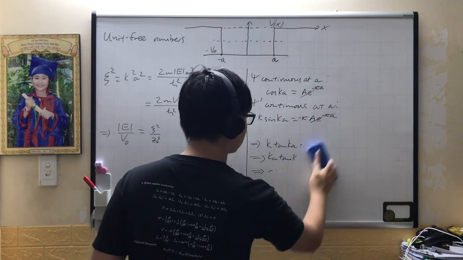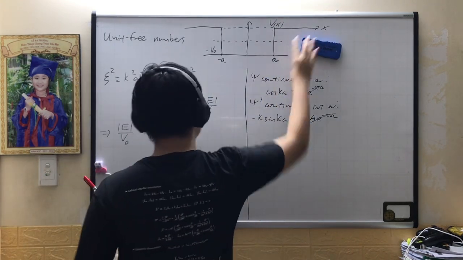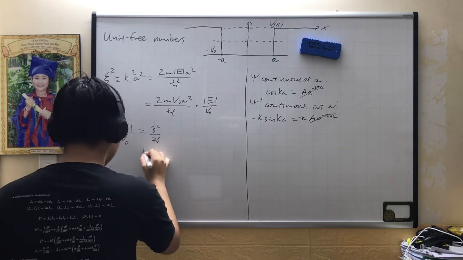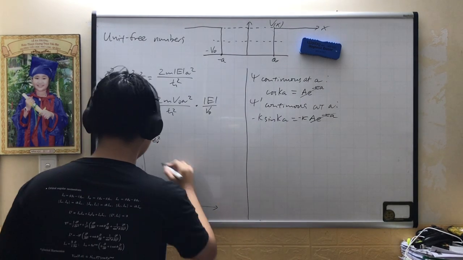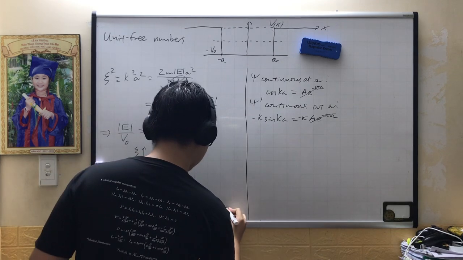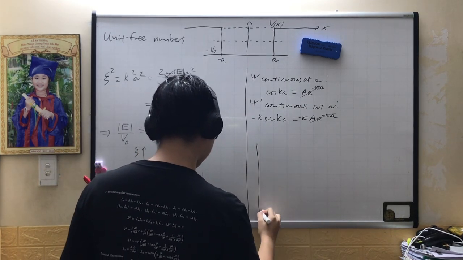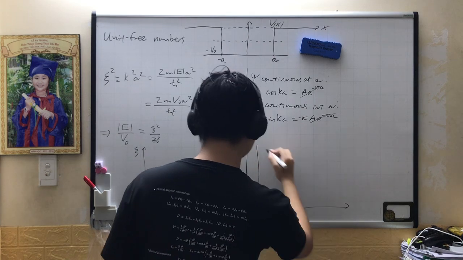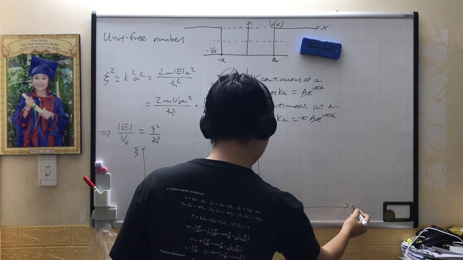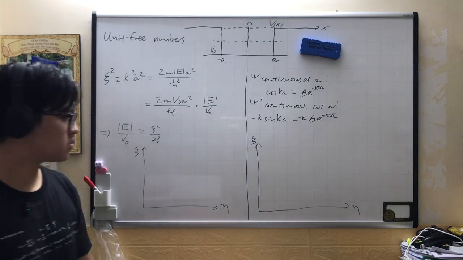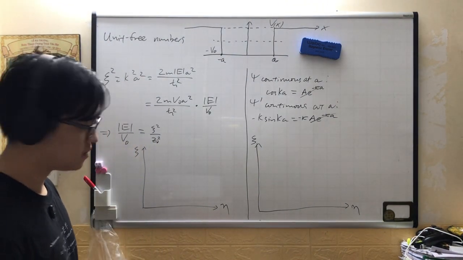Plot psi against eta for odd and even. These are two graphs for odd and even.